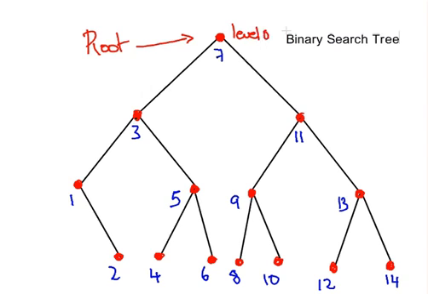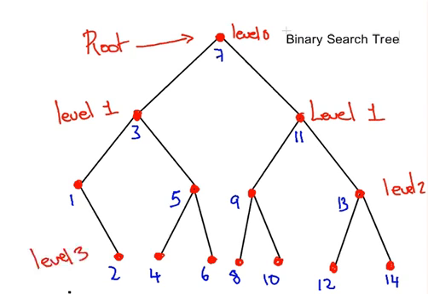These two vertices, or nodes, are at level 1. And these are level 2. And these are at level 3. These nodes are at level 3.